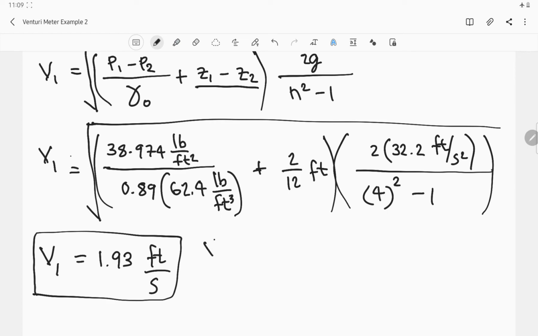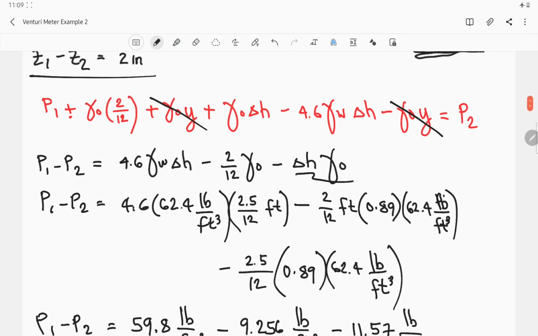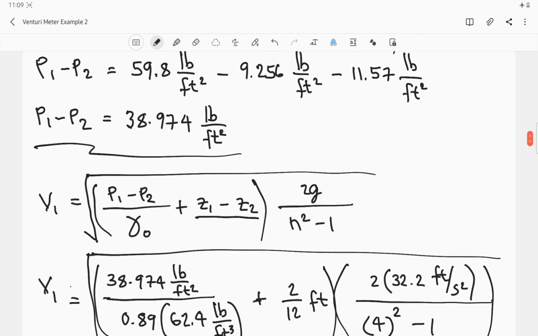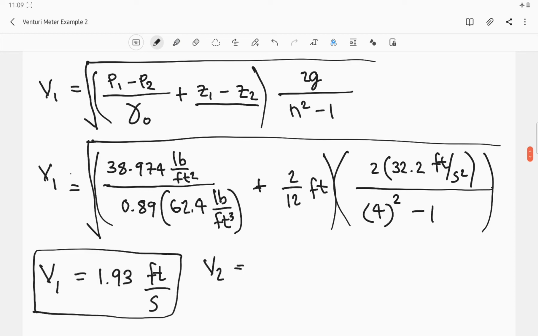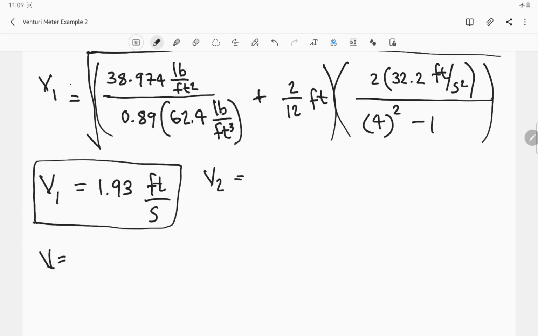If you're going to solve for V2, it is actually larger, V2 is greater than V1. Sorry, V2 is n times V1.